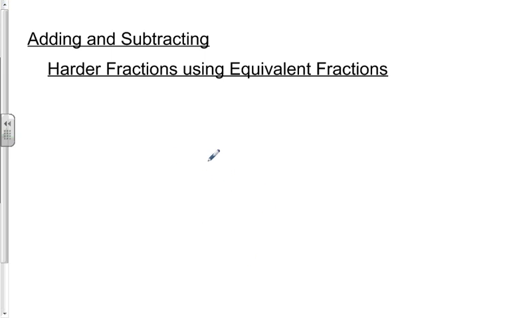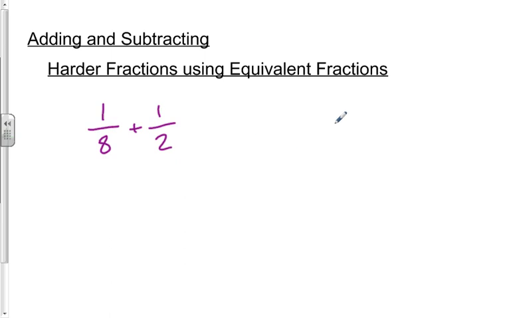Now we can do this again with harder fractions using what we know from equivalent fractions. So let's say, throwing our pizzas back in again, I cut my pizza into 8 slices and I took 1 slice of the pizza. I then took half of the original pizza and put that on my plate as well. Now how many slices is that? We've got an eighth and a half.